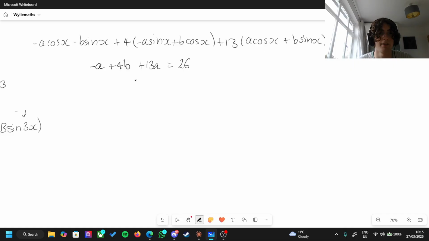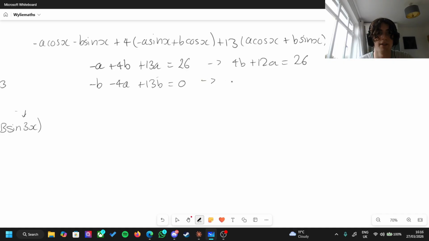We can do this again with sine, or actually I will simplify this first to be 4b plus 12a is equal to 26. We then do this with our coefficients of sine, starting with minus b sine x, minus 4a sine x, plus 13b sine x, and that is equal to 0.